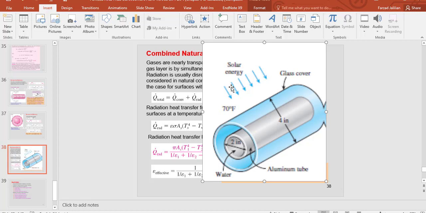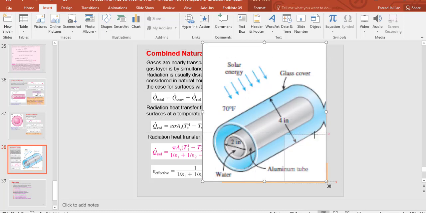And also, if there is a source of radiation energy, we will have radiation heat transfer as well, because the radiation energy will reach the inner cylinder surface and increase its temperature, and finally we will have heat transfer by radiation.